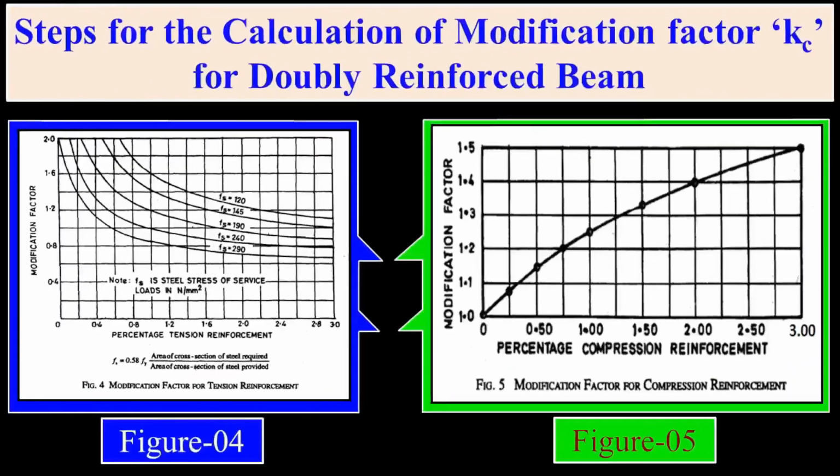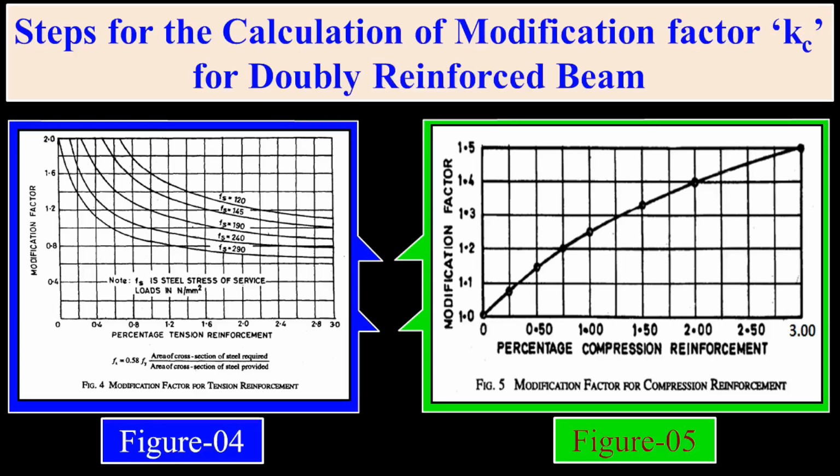Alright, let's now move towards the calculation for the value of KC. The title of this slide is clear: Steps for the calculation of modification factor KC for doubly reinforced beam. As you can see on this slide, we have two important graphs.